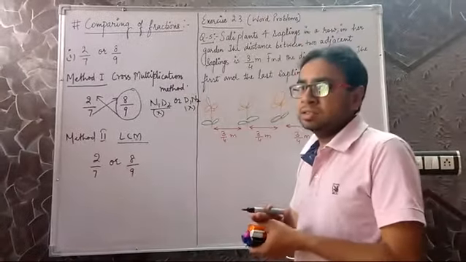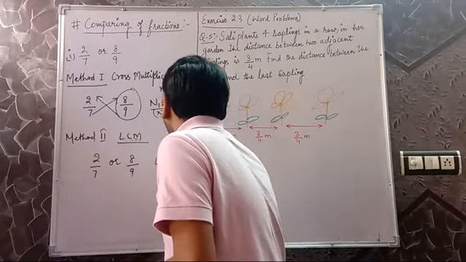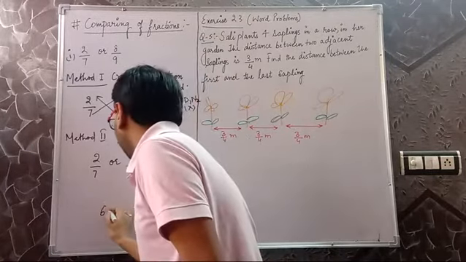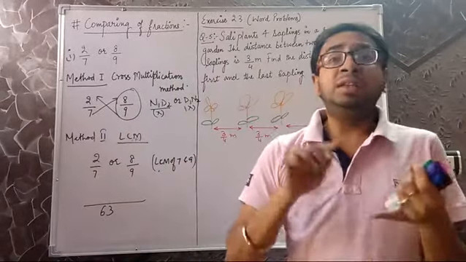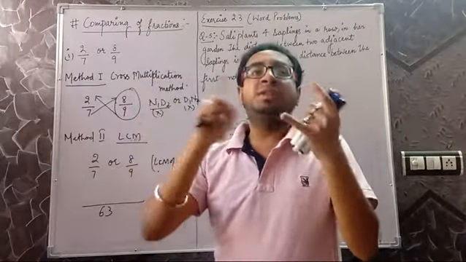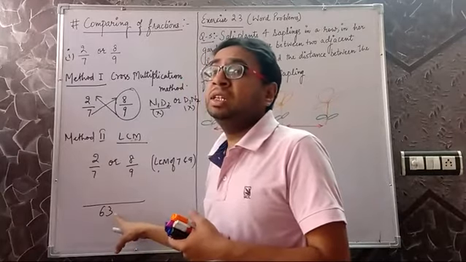Similarly, we will take the LCM here also. So the LCM of 7 and 9, you all know it is 63. I already told you how to find the least common multiple: the number which is least and available in both the 7 table and the 9 table. That is 63 because it is the least number.